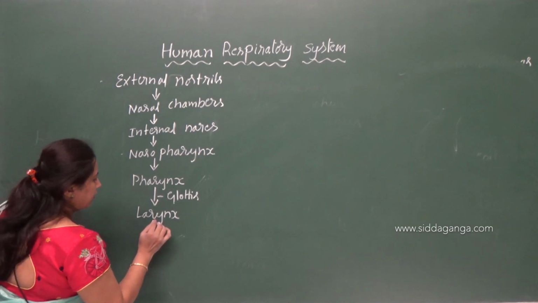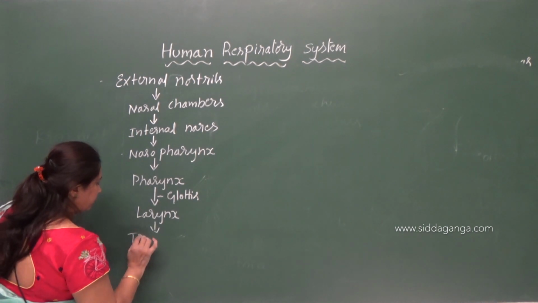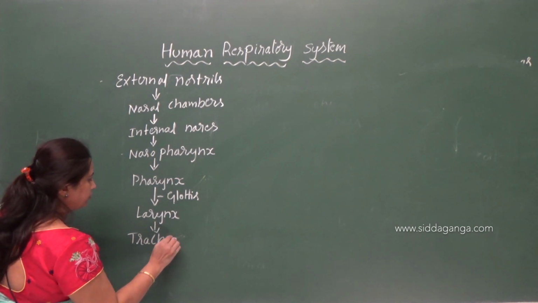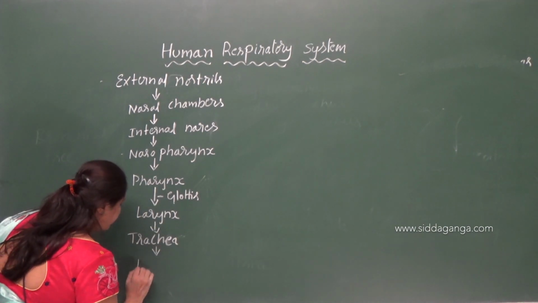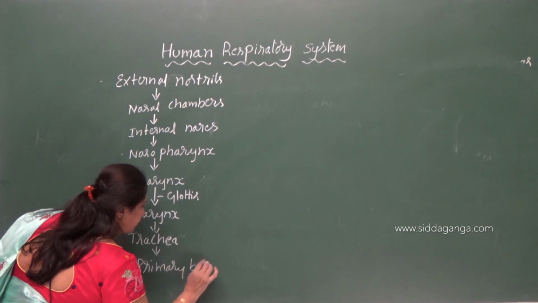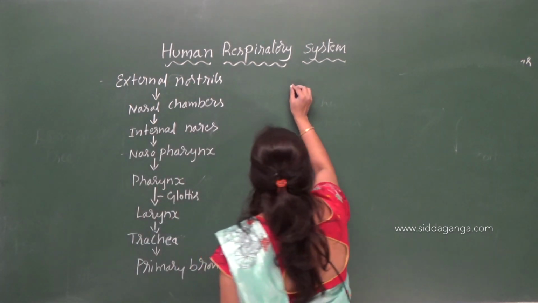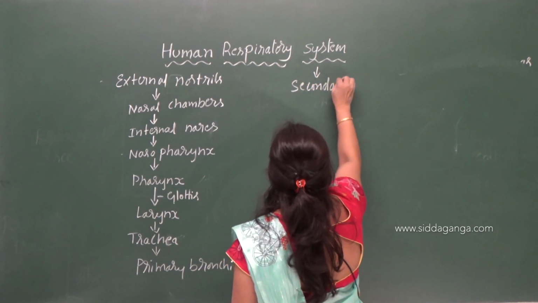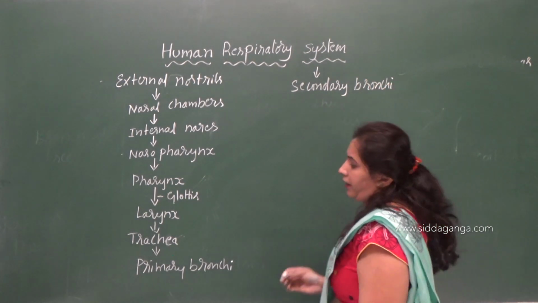Okay, now the larynx opens into trachea. Trachea into primary bronchi, and the primary bronchi into secondary bronchi.